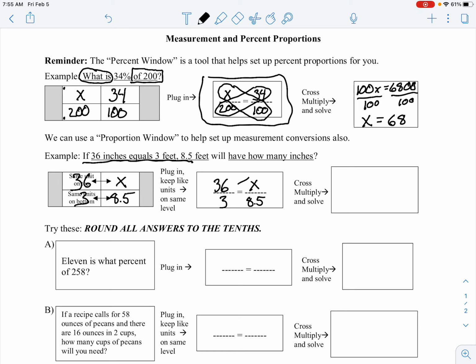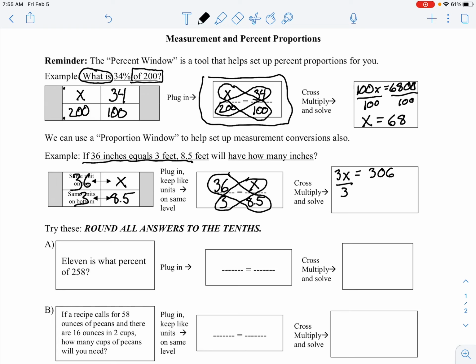Same thing, cross multiply. So we are going to get 3 times x, because I like to start with my variable. So 3x is equal to 36 times 8.5, which is 306. And then just a one-step equation to solve.